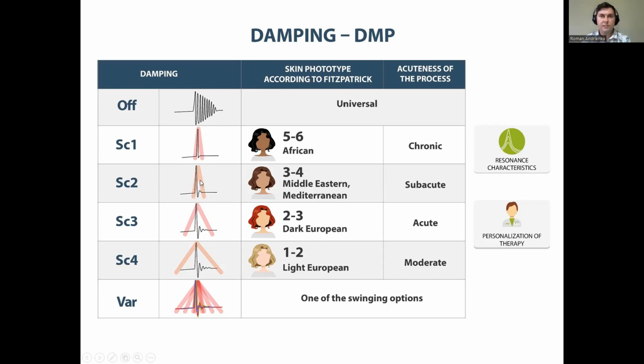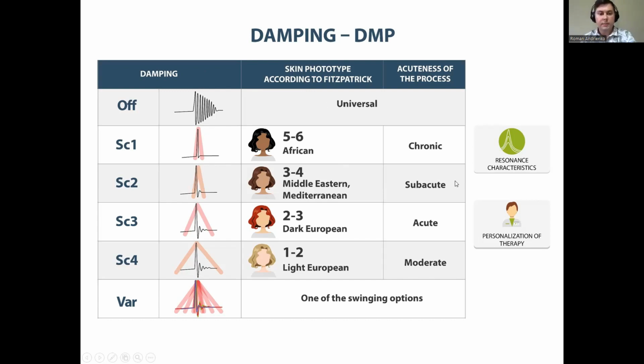You see, sometimes if the inner frequency of the Scenar signal is high, we can get really big signals here. So what he did is he flattened the half waves inside the stimulus in order to customize the signal and make it more tailored depending on the skin phototype. And it worked. And this is why we have damping. It is used for personalizing the therapy and increasing the resonance characteristics here.